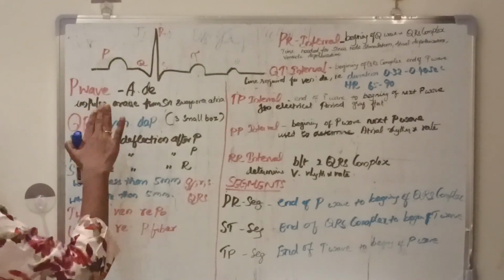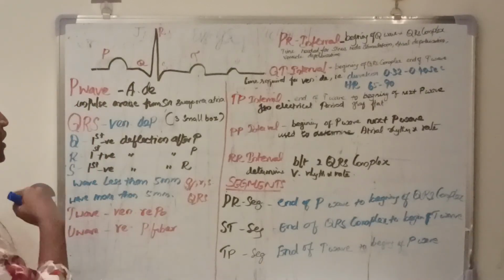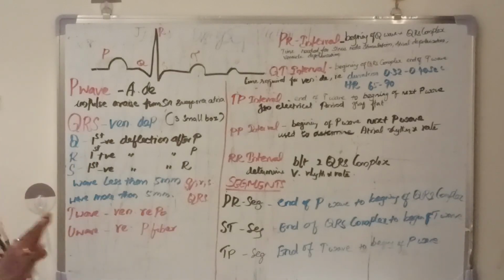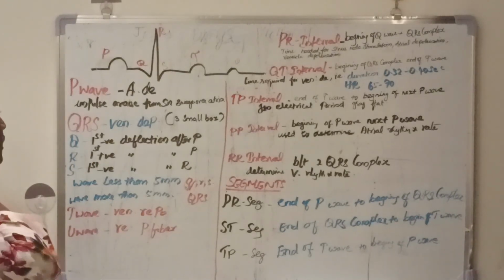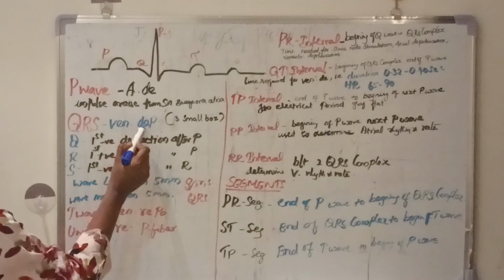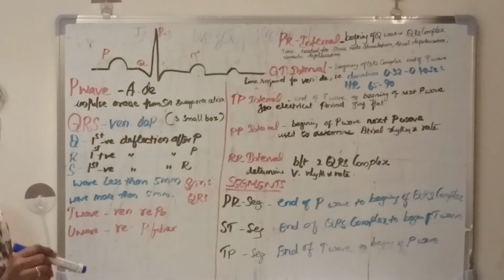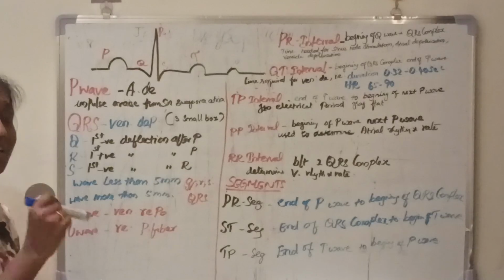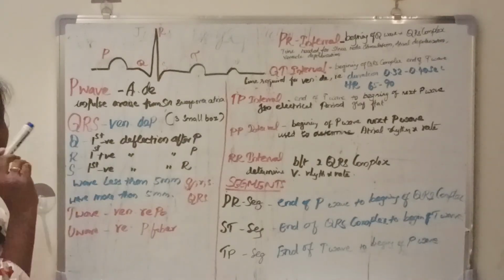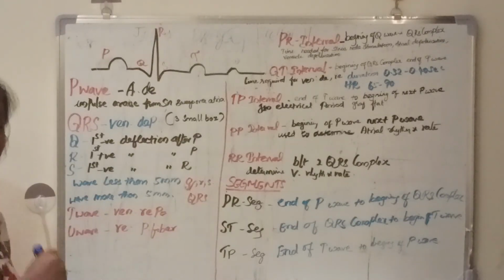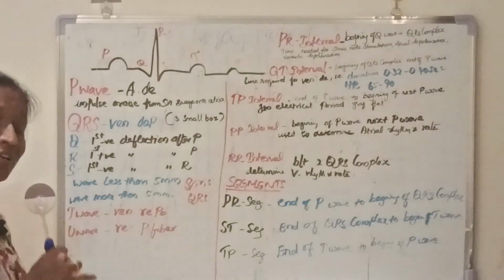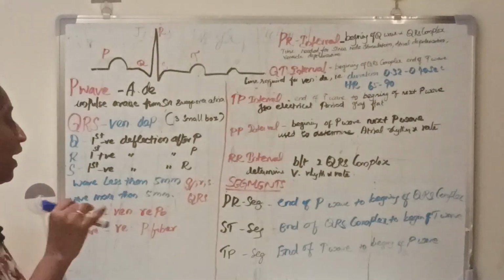So the first is the P wave, it is atrial depolarization. Here the impulses arise in the SA node and sweep over the atria. And then the QRS complex, it is a ventricular depolarization. So here we have a Q wave, R wave, S wave. Q wave is the first negative deflection after the P wave. R is the first positive deflection after the P wave, and then S is the first negative deflection after the R wave.